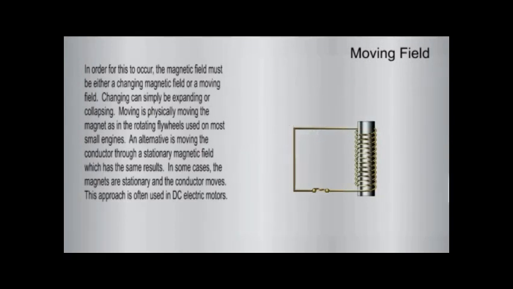Moving is physically moving the magnet, as in the rotating flywheels used on most small engines. An alternative is moving the conductor through a stationary magnetic field, which has the same results. In some cases, the magnets are stationary and the conductor moves. This approach is often used in DC electric motors.